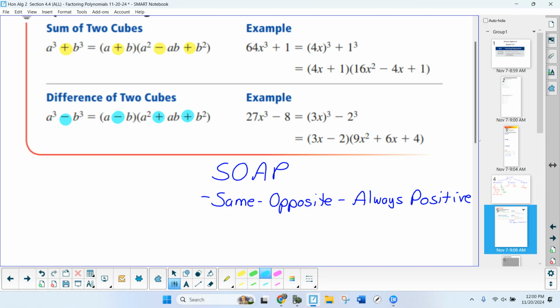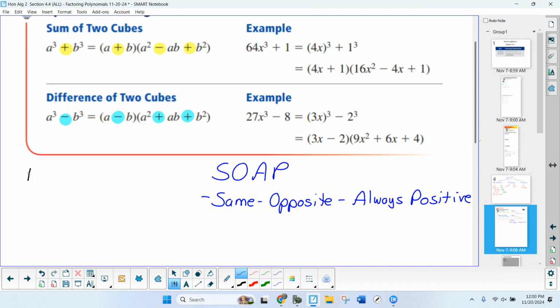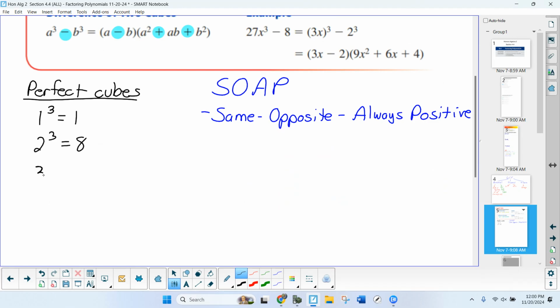Let me show you two very basic problems. And let's also make a very general list of some perfect cubes. So what's 1 cubed? 1. What's 2 cubed? 8. What's 3 cubed? 27. What's 4 cubed? 64.